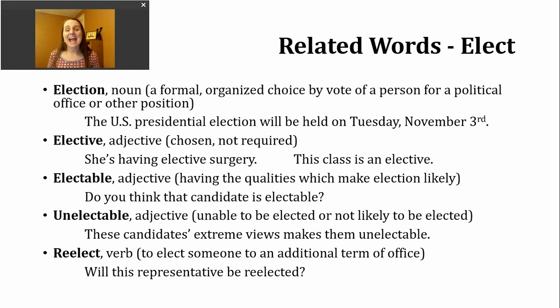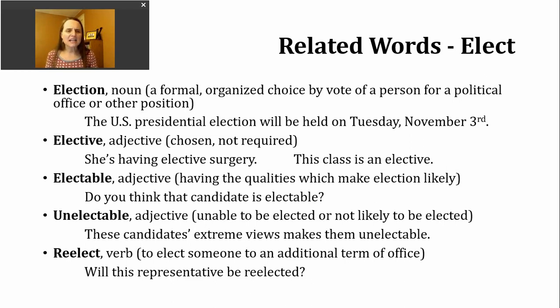The next adjective we're going to look at is electable. Now, this is connecting back to our first definition of the verb elect. So it means having the qualities which make election likely. And here it is in a sentence. Do you think that candidate is electable?